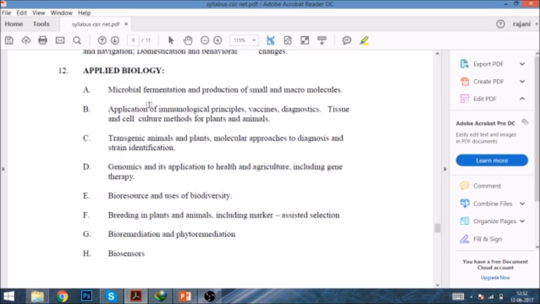The next unit is applied biology. In applied biology, microbial fermentations can be asked. Applications based on the principle, and the vaccination process and diagnosis process can be asked.